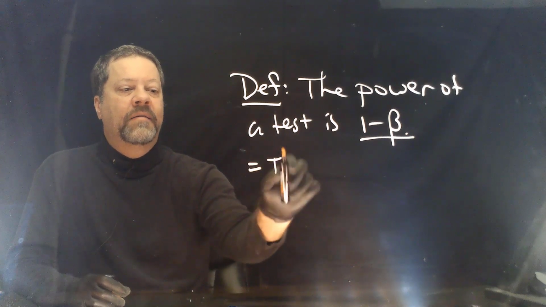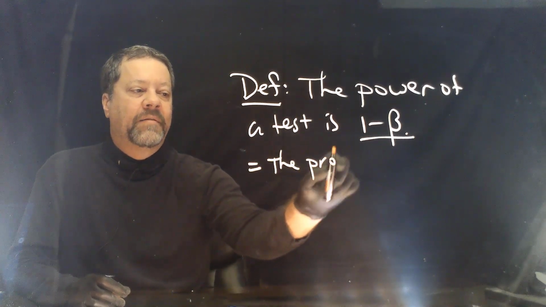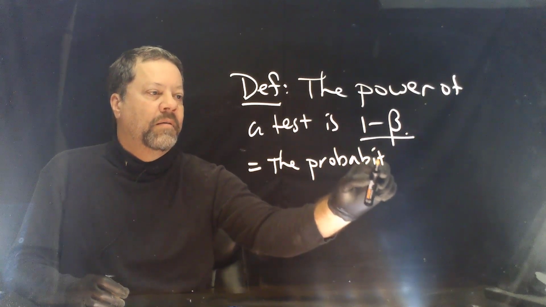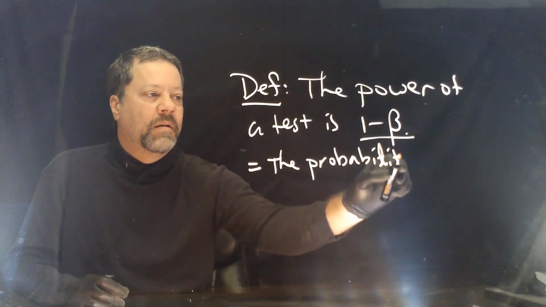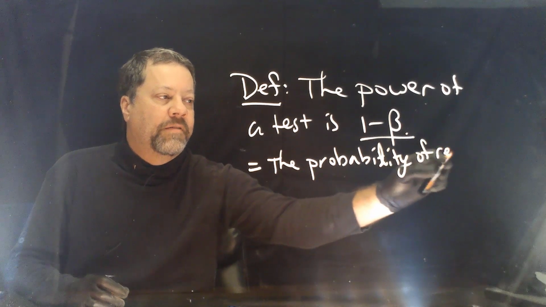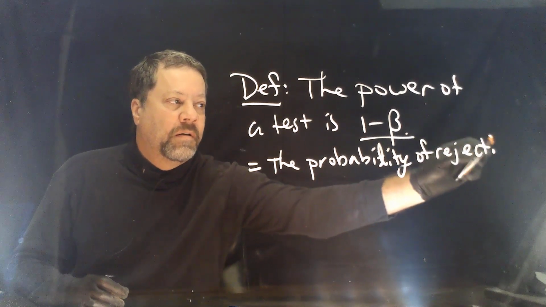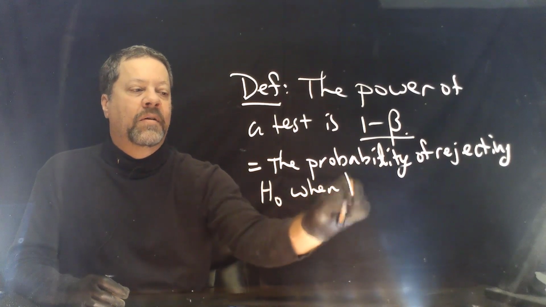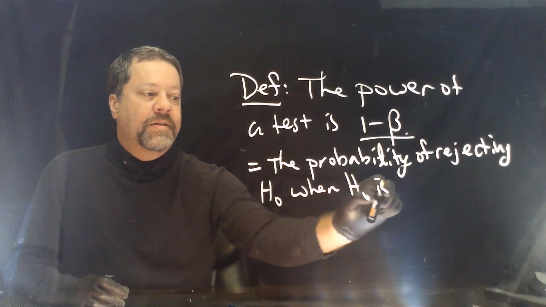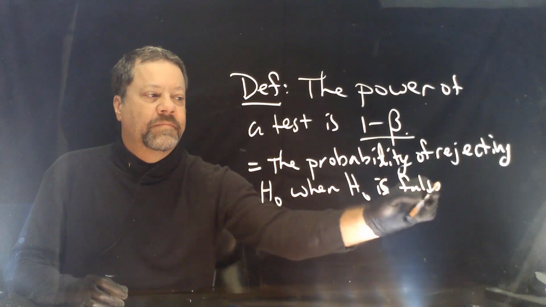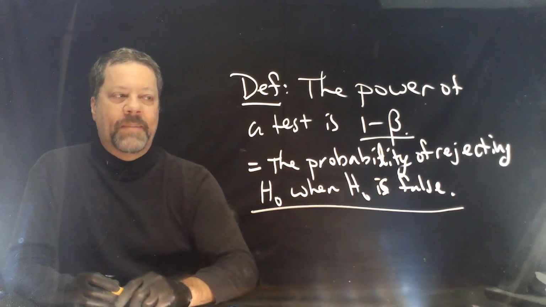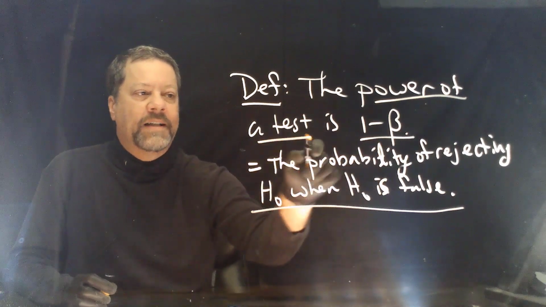This is the probability of rejecting the null hypothesis when the null hypothesis is false. That is what the power of a test is.